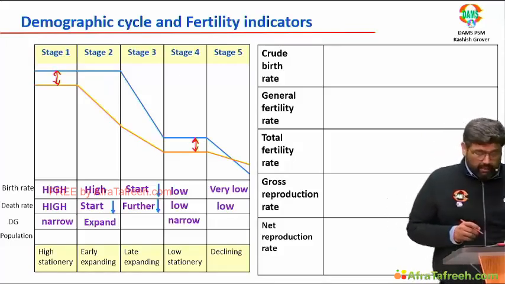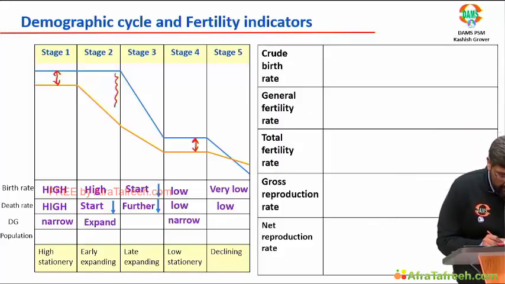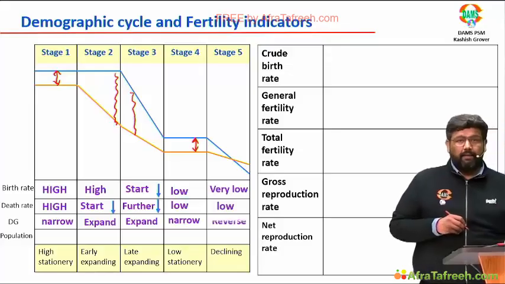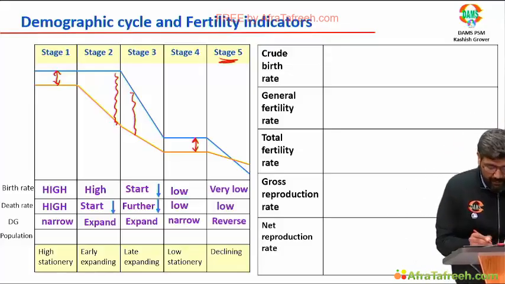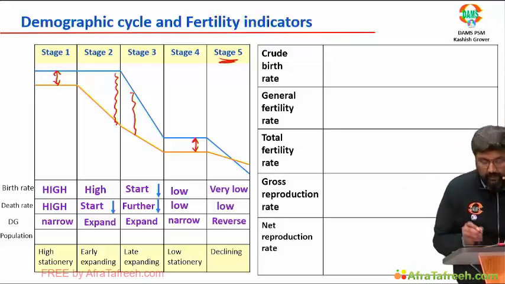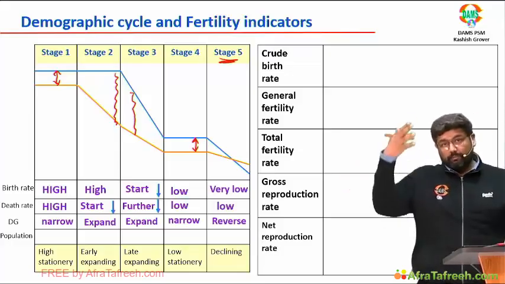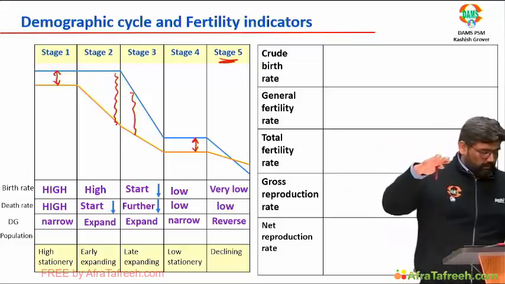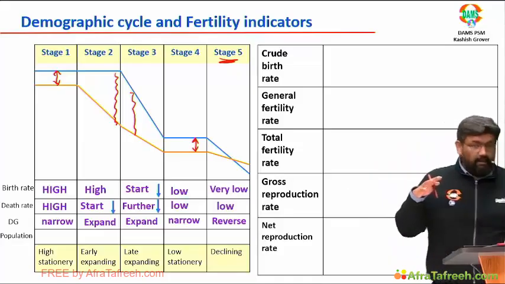Then the gap here starts expanding, and here also the gap is expanding. And stage 5, this is reverse. Now the gap is reverse because birth rate is very low, death rate low, right?